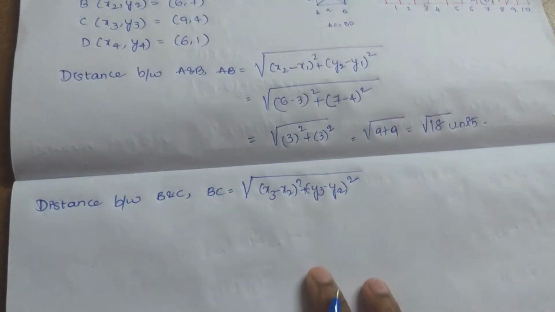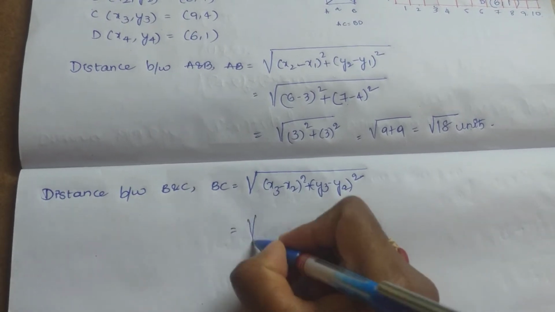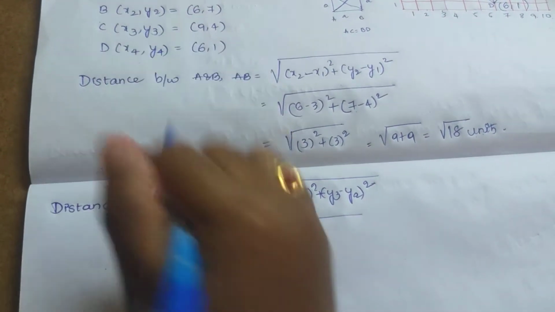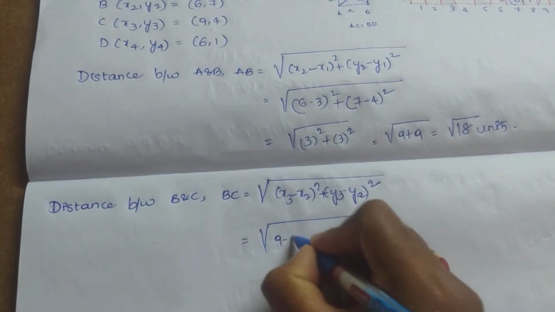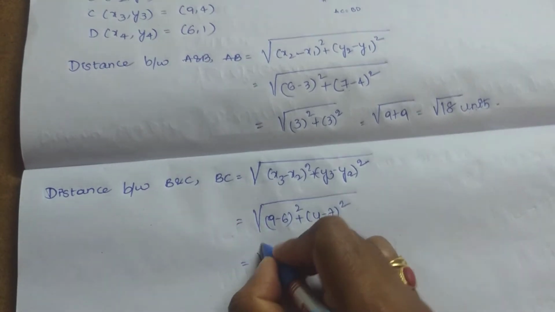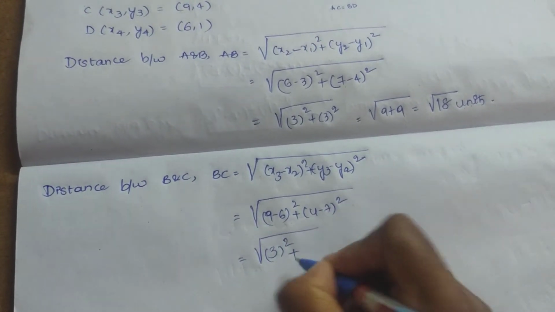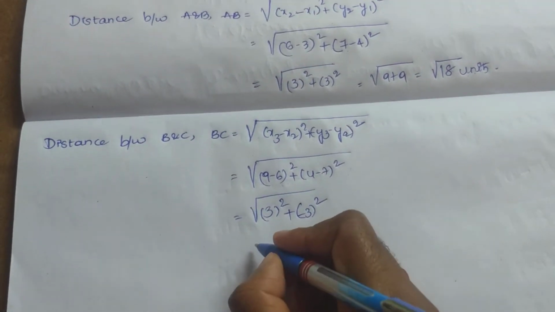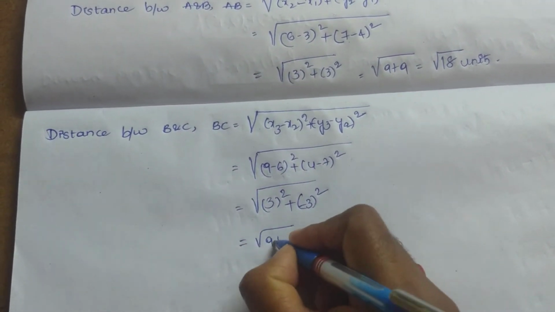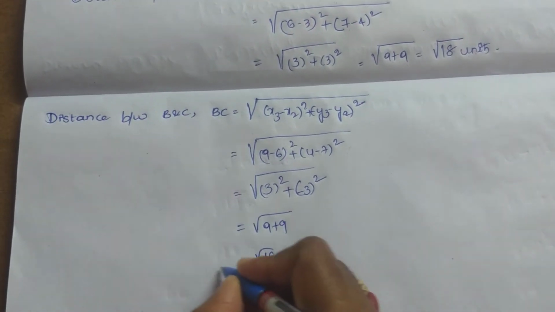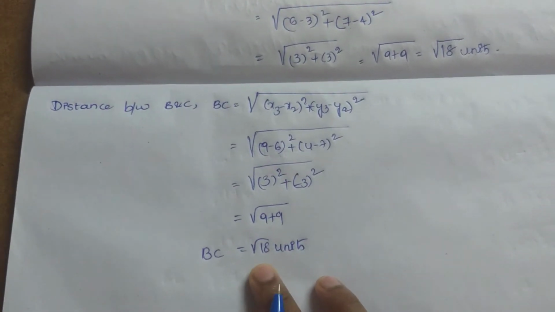Let us substitute the values and simplify. x3 is 9 minus 6 whole square plus 4 minus 7 whole square. 9 minus 6 is 3 square, plus 4 minus 7 becomes minus 3 whole square. 3 square is 9, minus 3 square is also 9, so we get square root of 18 units. So the distance between the points B and C is also square root of 18.